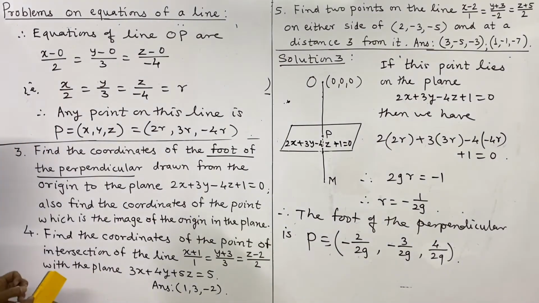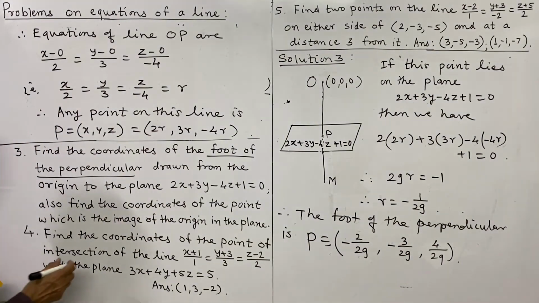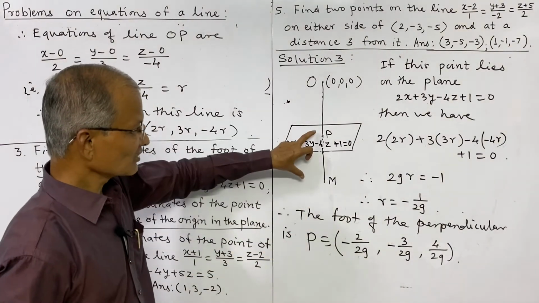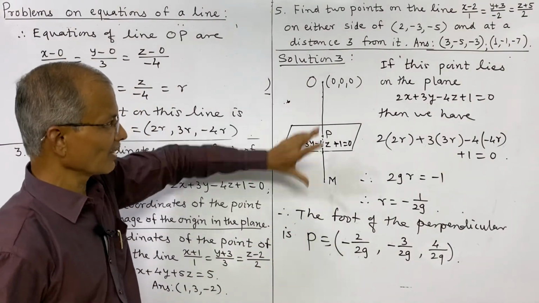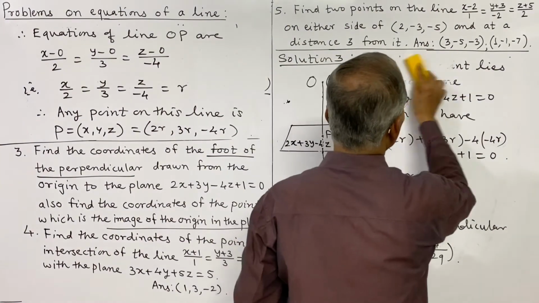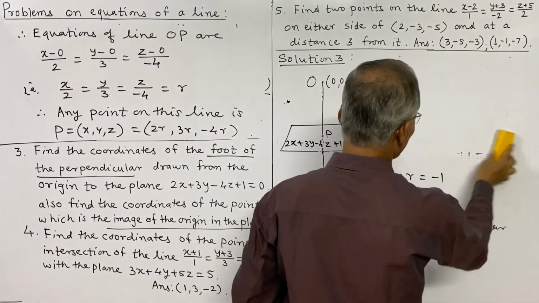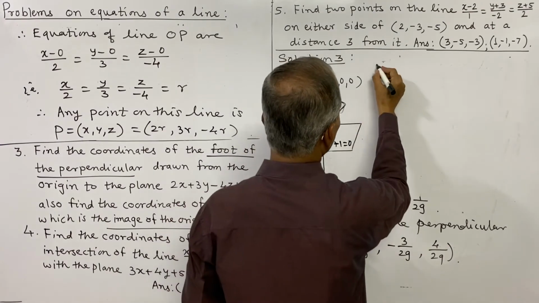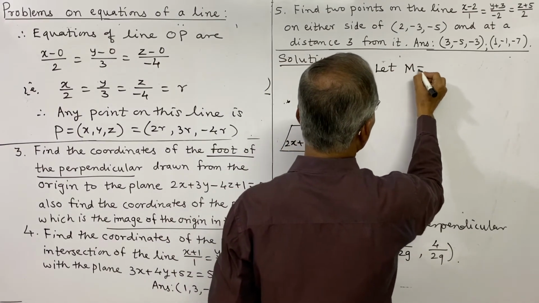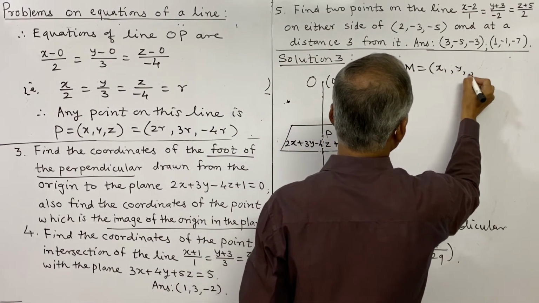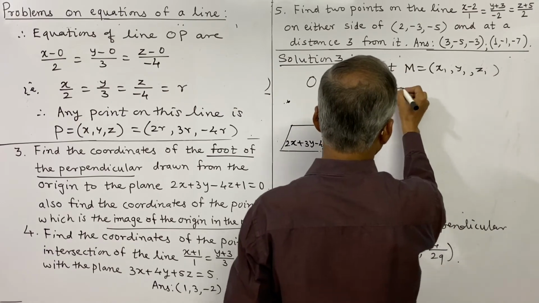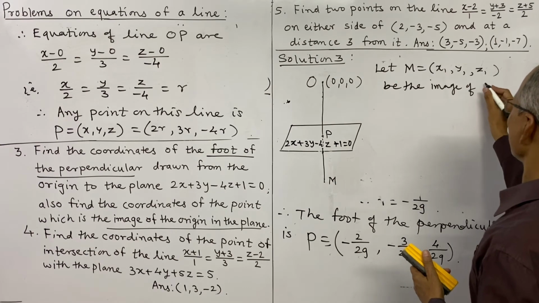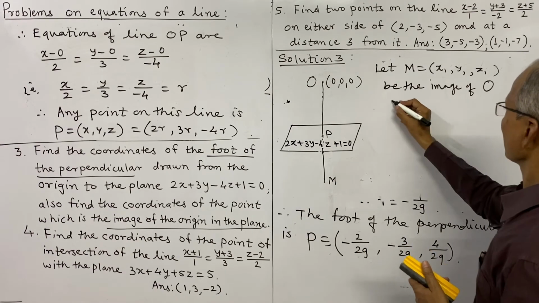What is asked next is the image of the origin in the plane, and the image is M. So P is the midpoint of OM. So let M equal x1, y1, z1 be the image of origin O in the plane.